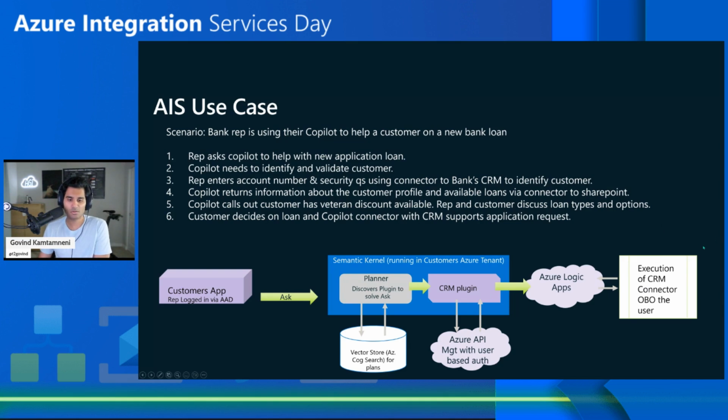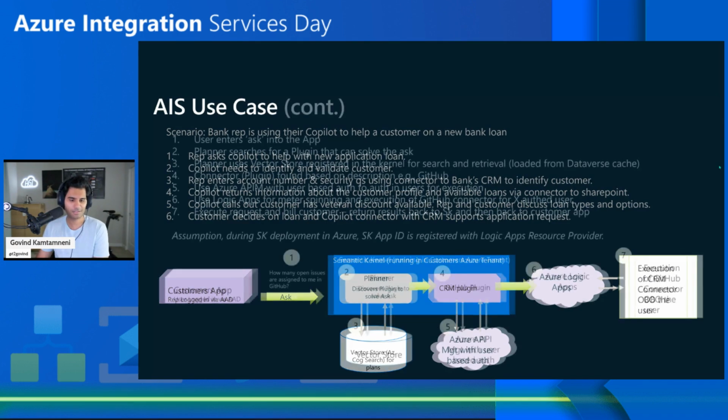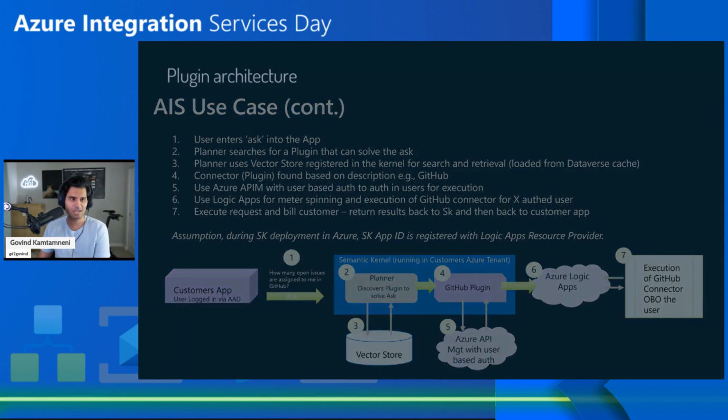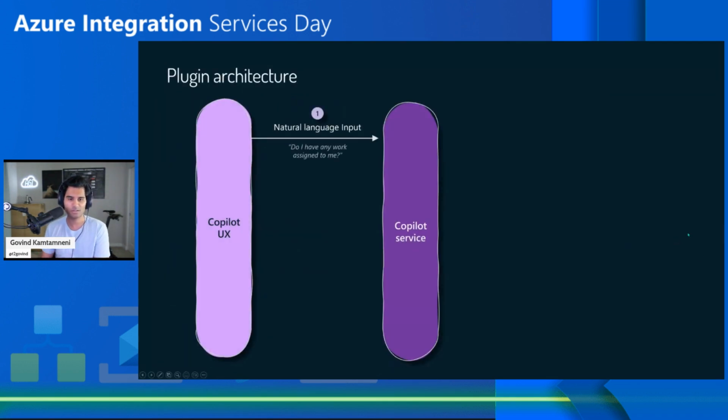You can use a combination of Logic Apps with a CRM connector, doing an on-behalf-of-user flow to ground the model, and you can also use API Management for the plugins to improve secure access patterns. There are more use cases similar to that, but in the interest of time, I'm going to showcase some of the other capabilities.